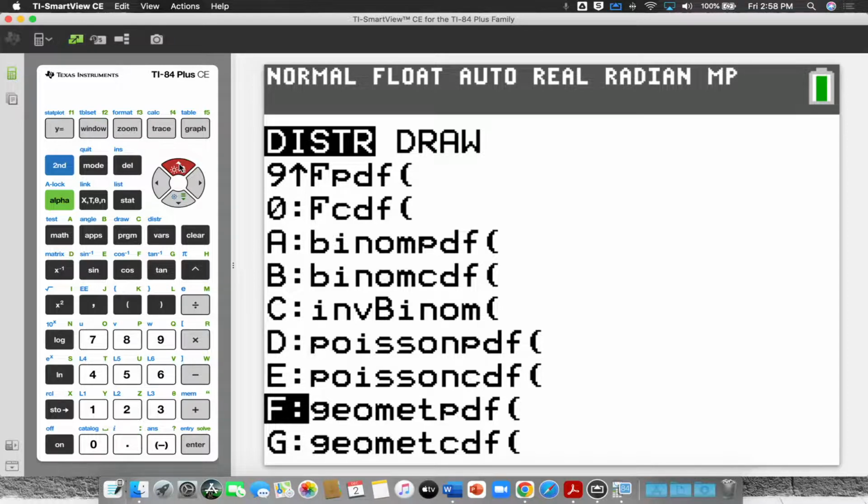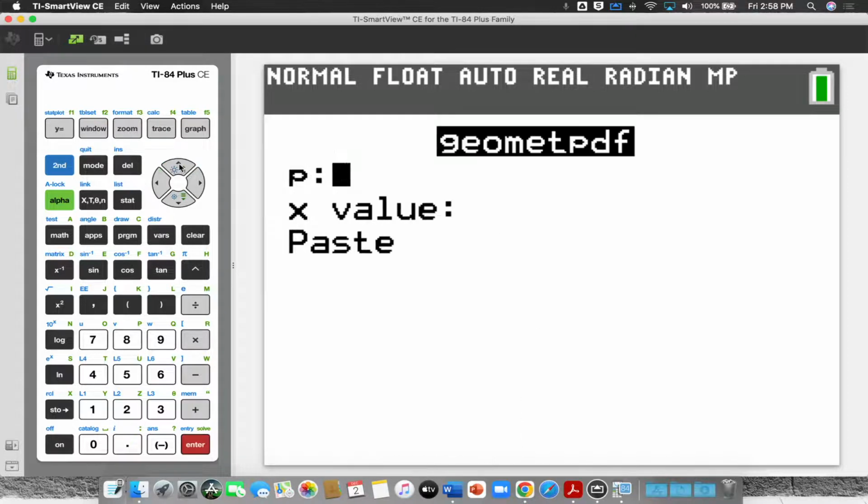PDF means x equals. CDF means x is greater than or less than. So this is equals, so we're going to use PDF. I'm only going to put P and K. I'm not going to put N, because there's no fixed number.